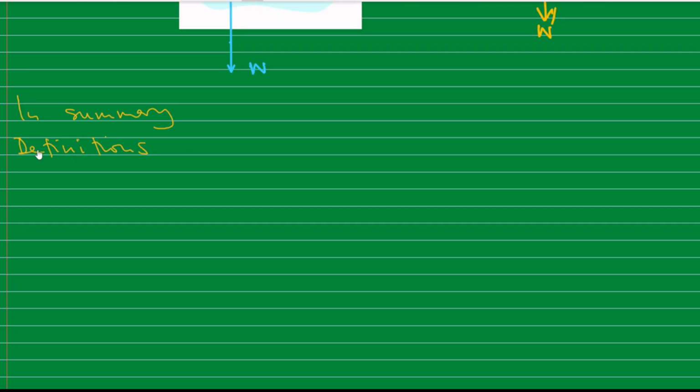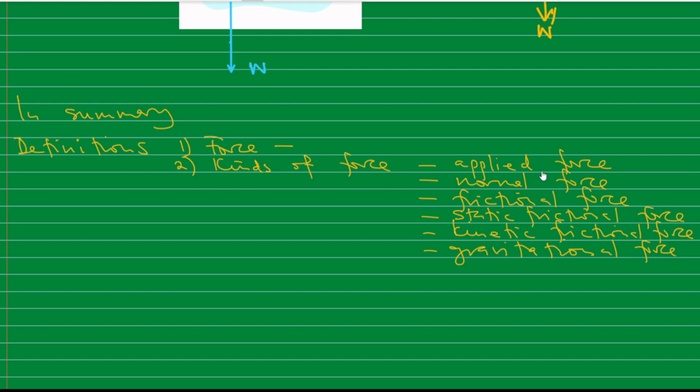In summary, we have got the definitions of, one, force. What is a force? We also said force is a push or a pull. And secondly, we identified the kinds of force. We have the applied force, the normal force, frictional force, static frictional force, kinetic frictional force, and the gravitational force.